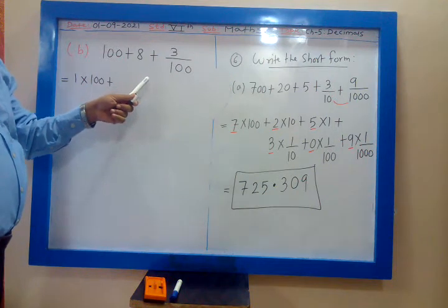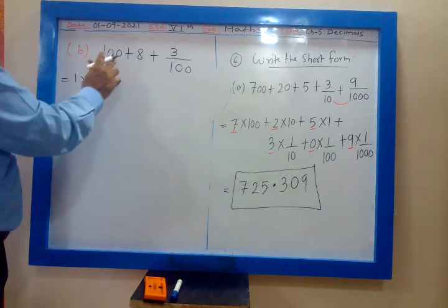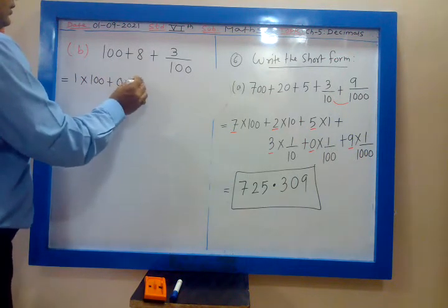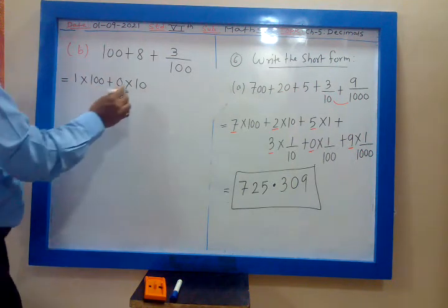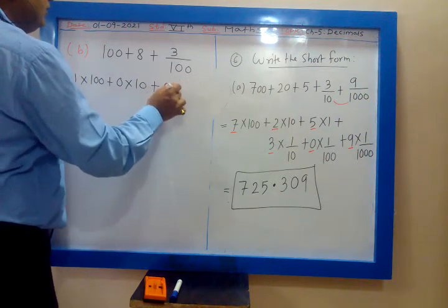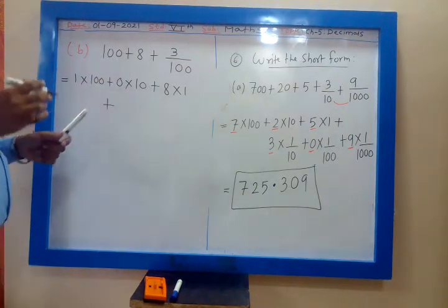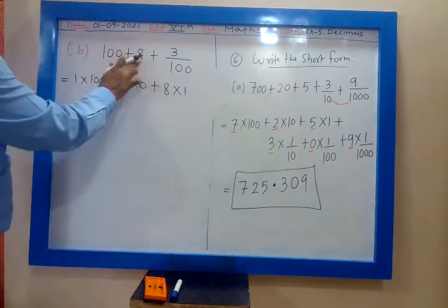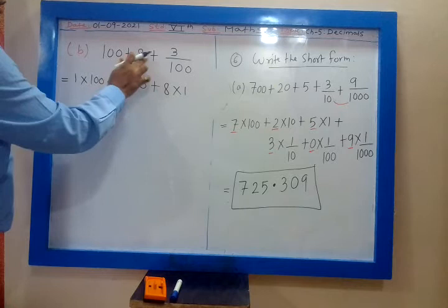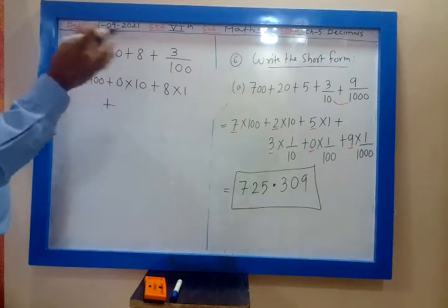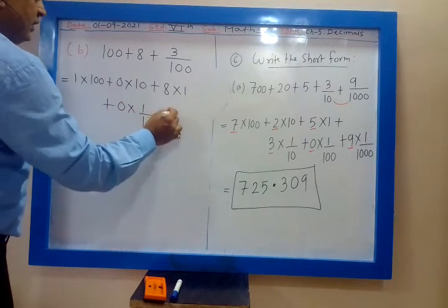At ones place. So between 100 and 1's, 10 is missed, so for tens we write 0 into 10. Plus 8 into 1. After 8 directly we have 1 upon 100, which means 1 upon 10 is missed. So 0 into 1 upon 10 plus 3 into 1 upon 100.